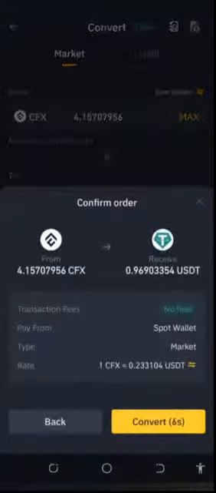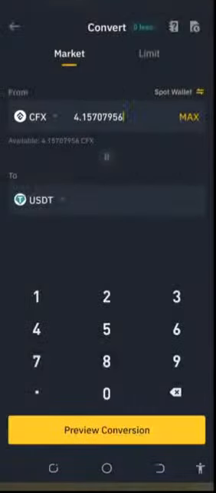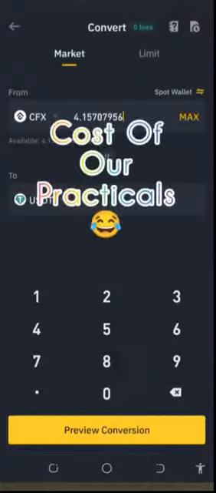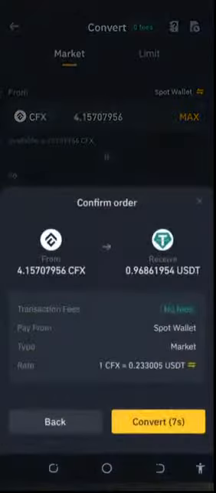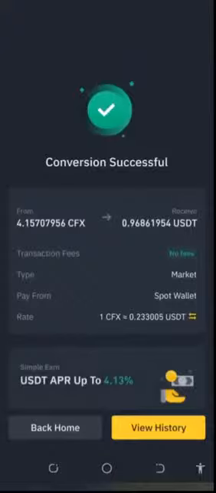I was too much in a hurry to get that back. Oh, we lost 4 cents. Is it 4 cents? Or about 3 cents thereabouts. Anyways, let's just take it as the cost of our practicals, right? We got to learn some things, I mean, this happens. We have to learn it.